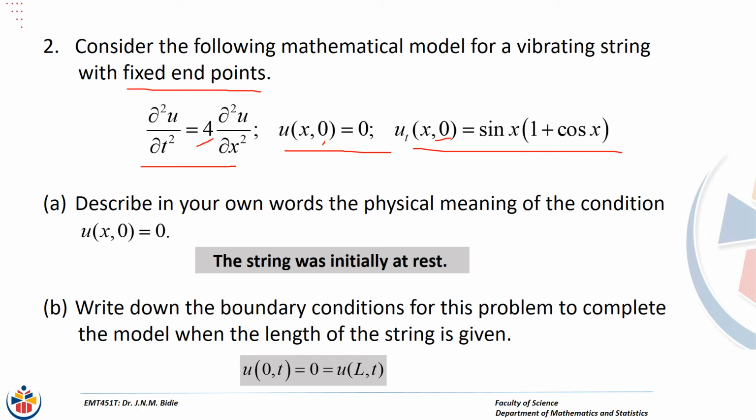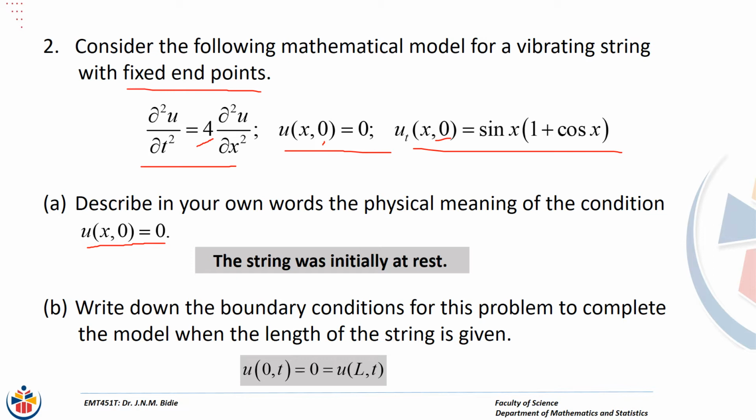Firstly, we are asked, describe in your own words the physical meaning of the condition u of x0 equal to 0. And I'd already specified that the string was initially at rest, or the initial displacement of the string is 0.